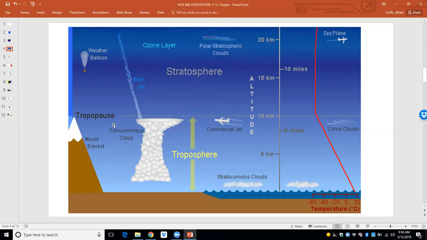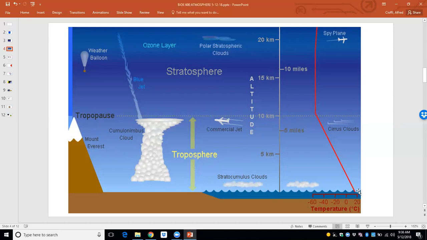So the pause is a transition between one sphere and the next. And of course, this boundary is not sharp. It is a diffuse boundary. It's a gradient, but it's definite, and it hangs around more or less around the 10 kilometer around the Earth, which is the height of the highest peaks, like Mount Everest. Okay.